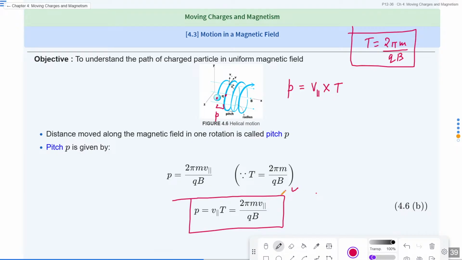Now we will see some questions based on this topic. So this topic is also very important.